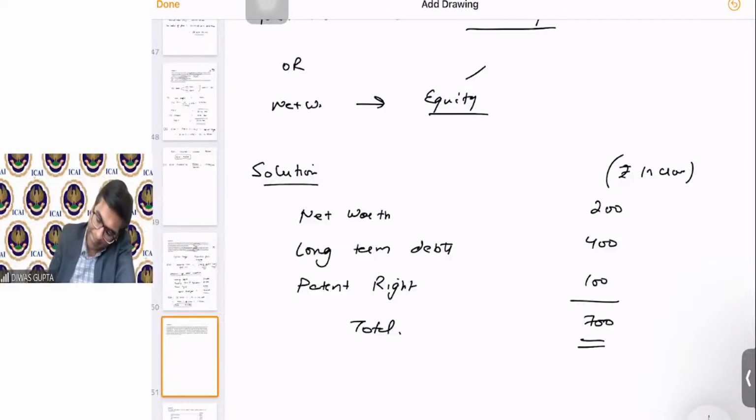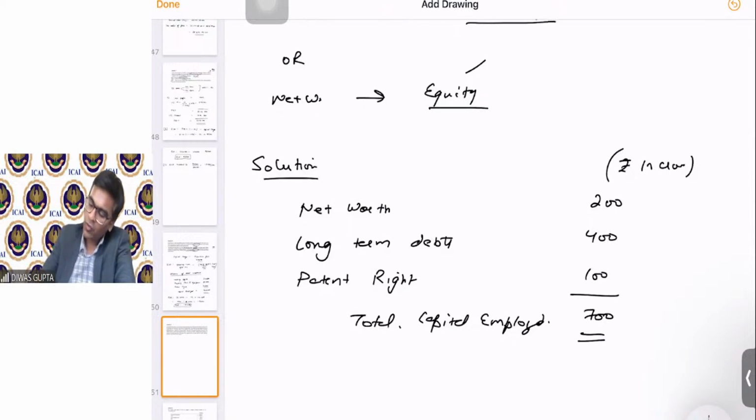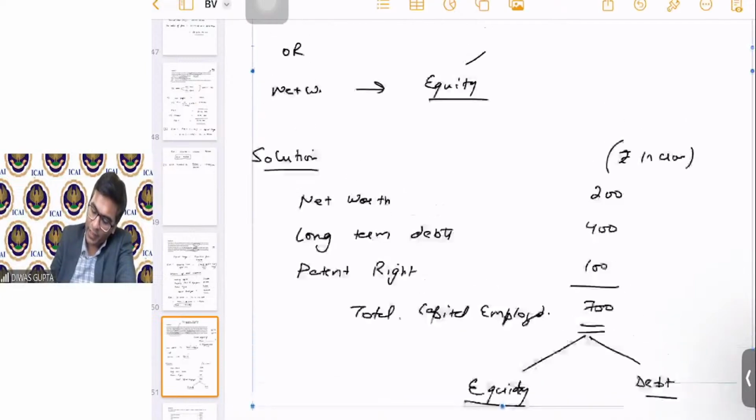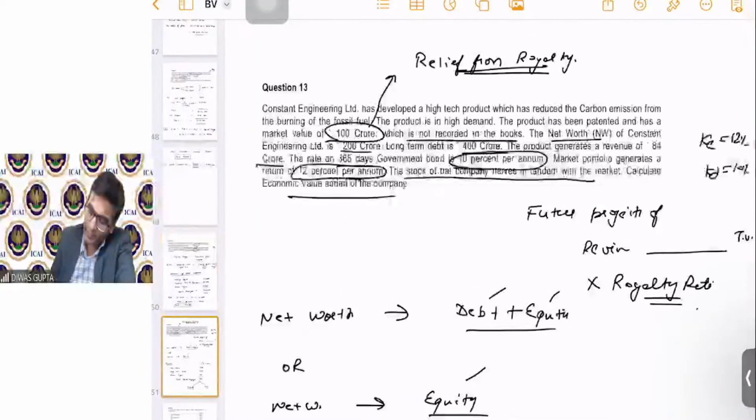Total capital employed. Now tell me, students, what is the breakup of this 700 into equity and debt? Because finally we have to bifurcate this value into equity and debt, right?